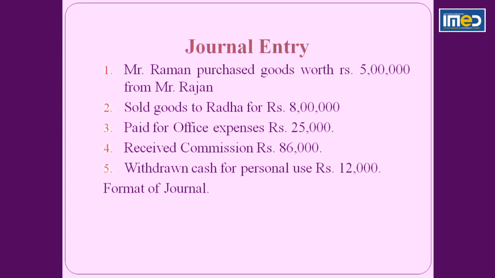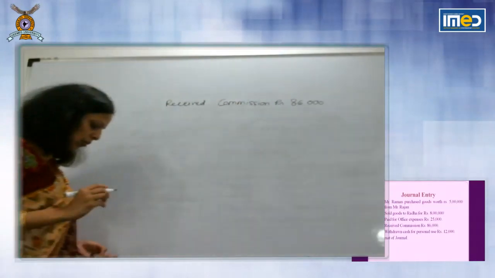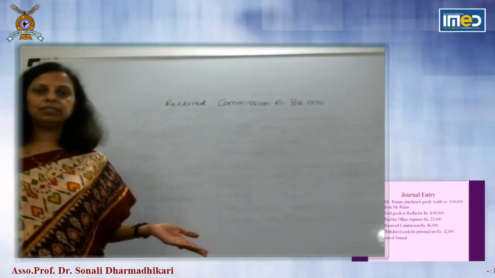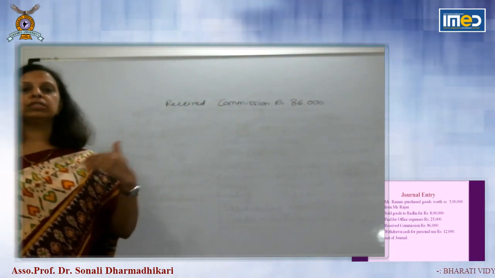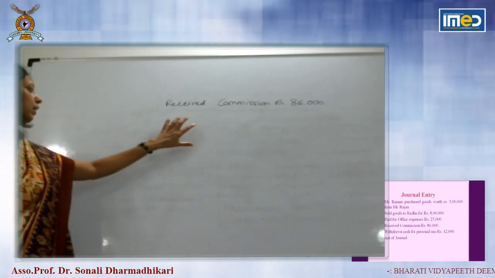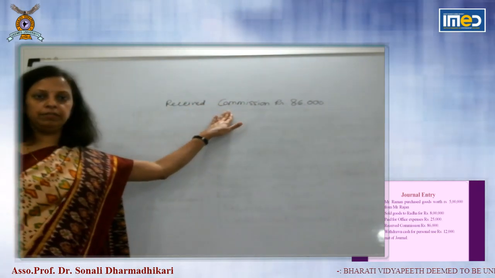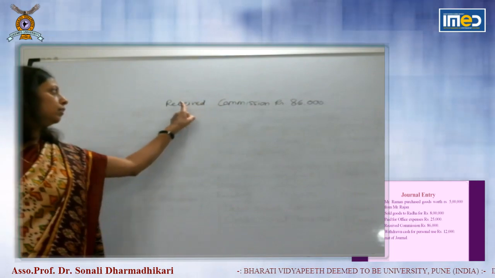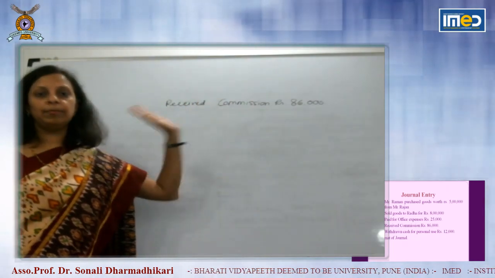Received commission rupees 86,000. Now for business, it is very common. The business has to pay expenses and the business has to receive income. Now if you observe here, commission is income because the business has received commission.